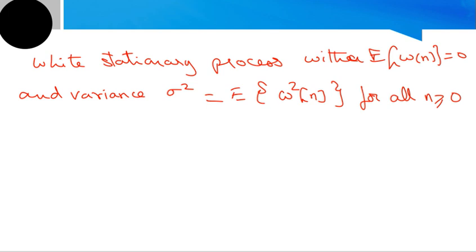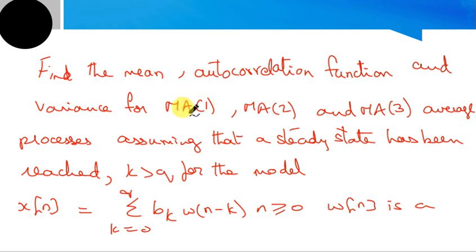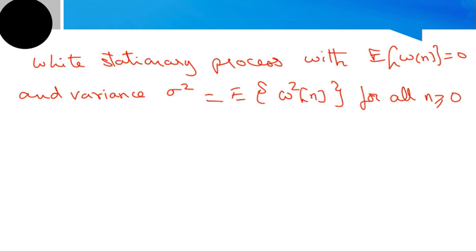This is the same thing that we described in the theoretical approach. So we are now going to apply the theoretical approach where the order is taken to be 1, 2, and 3. My x of n equation is clearly stated as summation k equals 0 to q bk w of n minus k, and from the given details I can very clearly see that my mean is 0, which is going to make things a little easy for me.